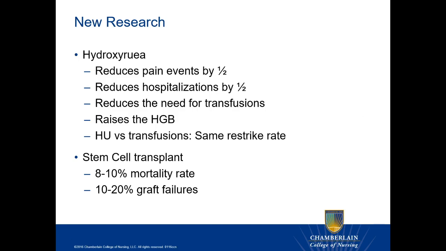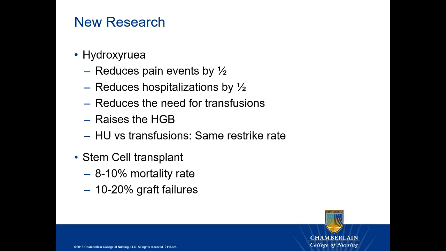Problem is, it's a chemotherapy. It can cause malignancies as a result, as all chemotherapy can, and it can cause immune compromise. So right now, we worry about the risk versus benefit ratio, and it's not quite there yet for everybody to just get hydroxyurea.